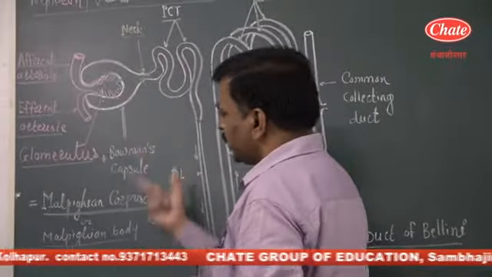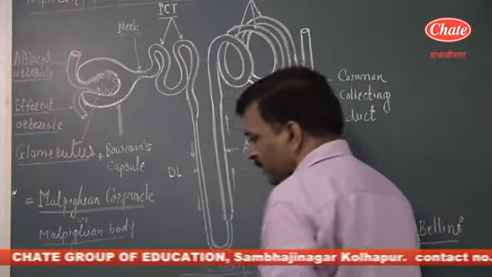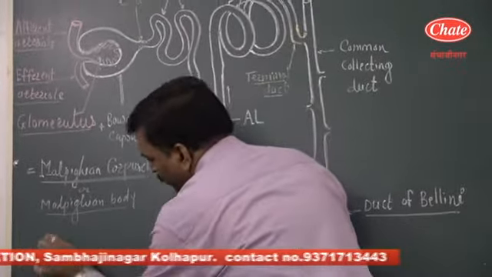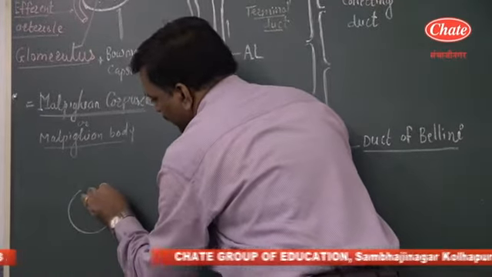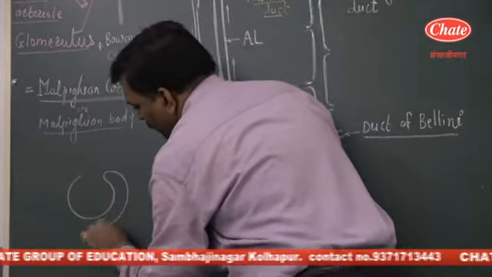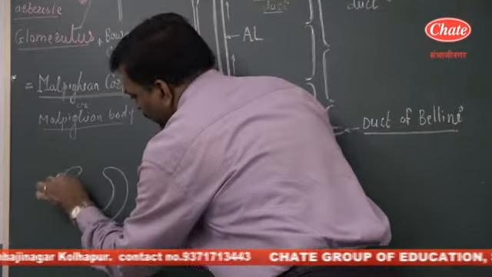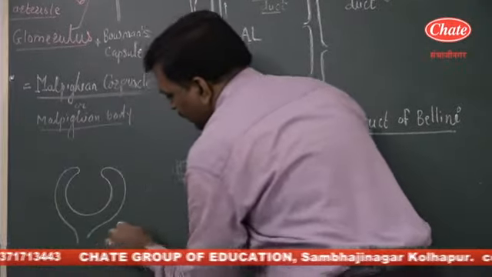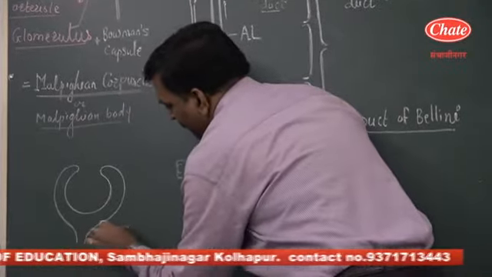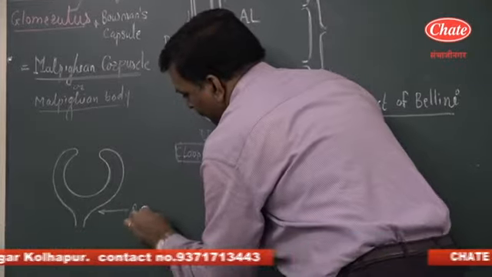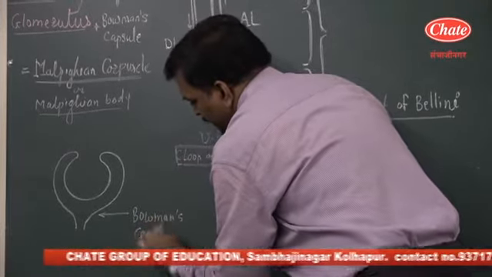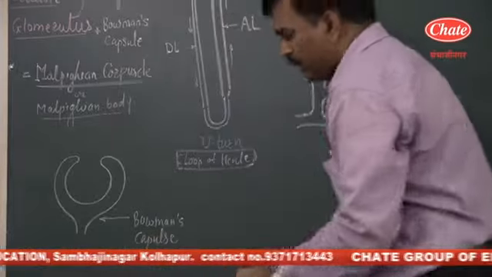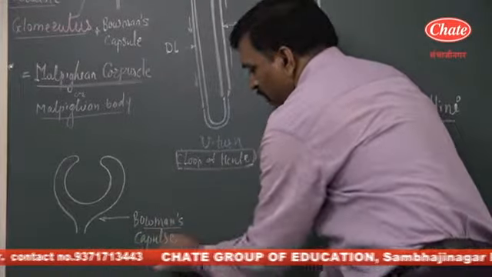Now concentrate on this Malpighian body or Malpighian corpuscle. The first component of this Malpighian corpuscle is the cup-shaped cavity, termed the Bowman's capsule. It was discovered by the scientist Bowman, so it is termed the Bowman's capsule.